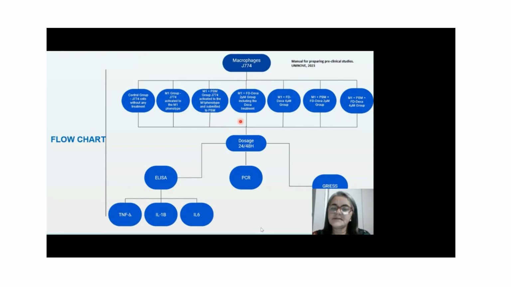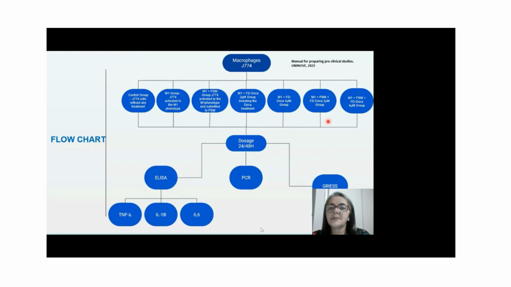M1 plus FD-DEXA 2 micromole group, including the DEXA treatment. M1 plus FD-DEXA 4 micromole group.